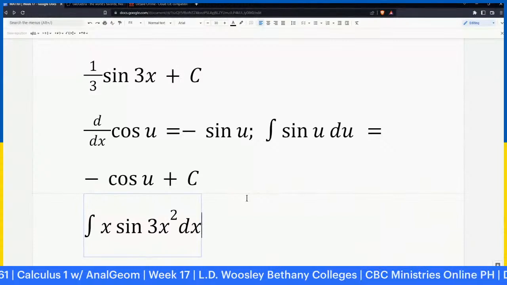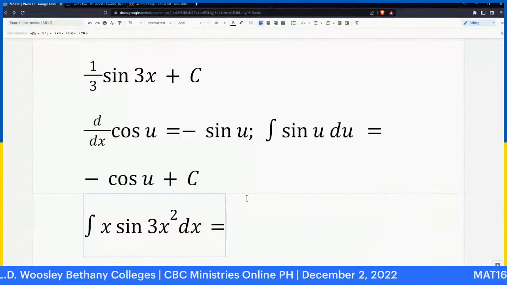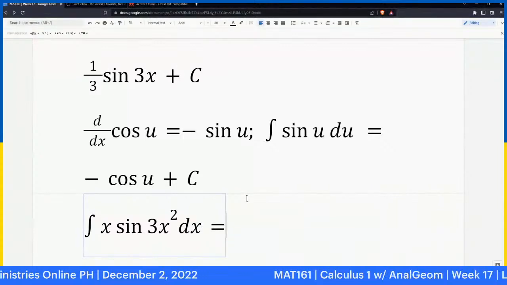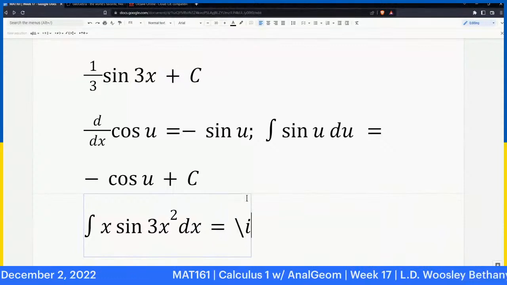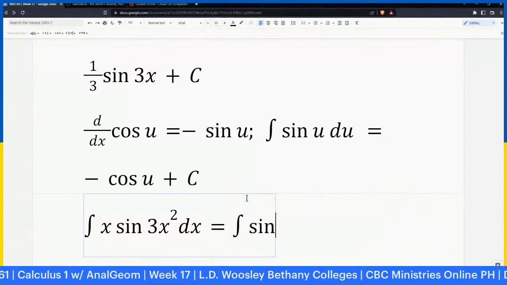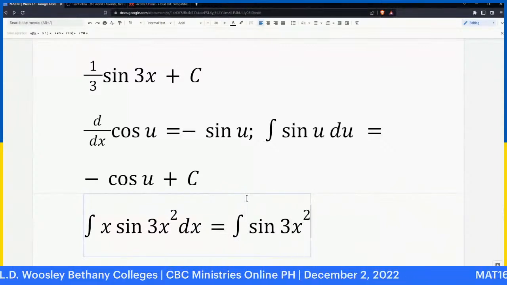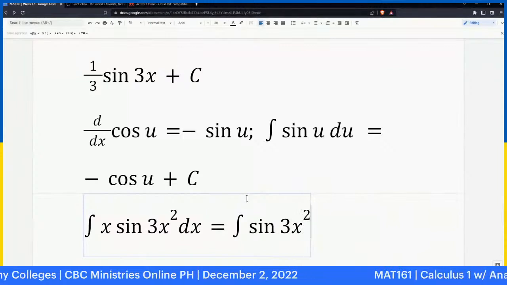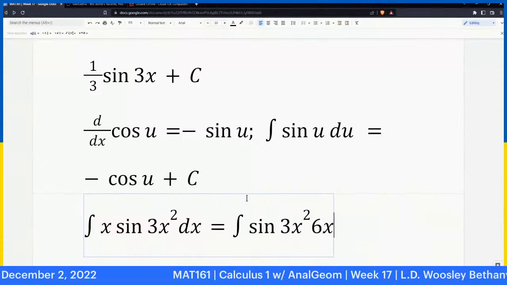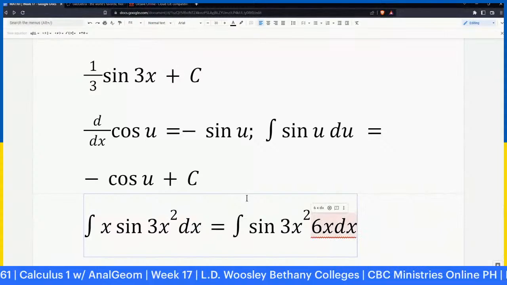Ang tanong, meron ba? Wala. So, we need to insert. Since x is present, it's a good thing x is present, we need to insert 6. So, from here, what we'll have is sine 3x squared, then you need to insert 6x dx. Alright? Kasi 6x dx is your du.